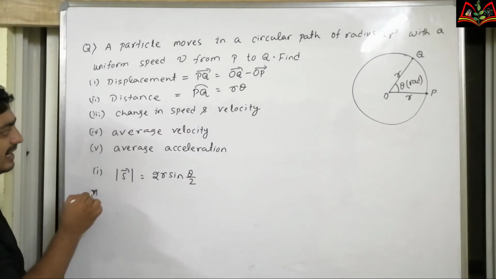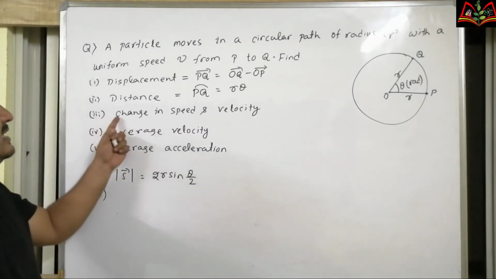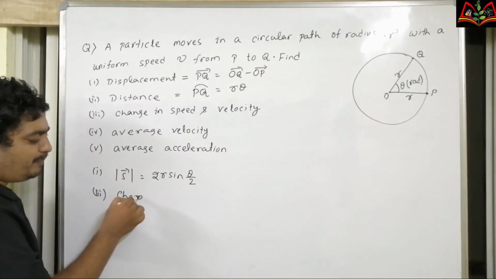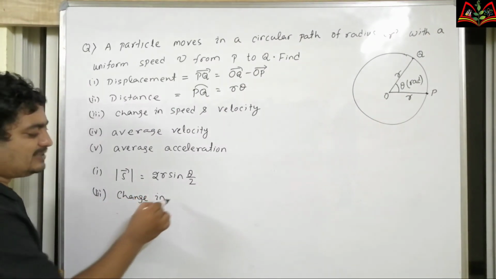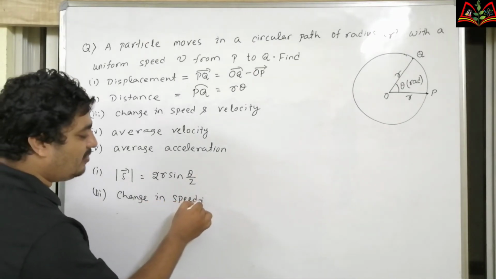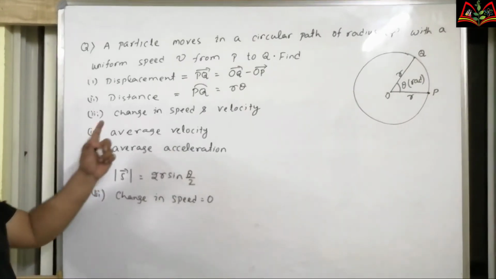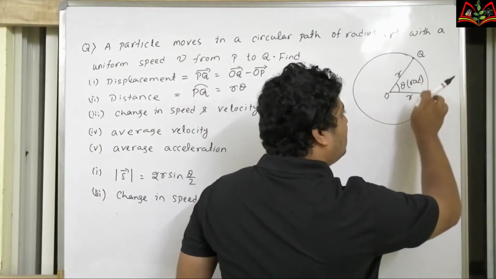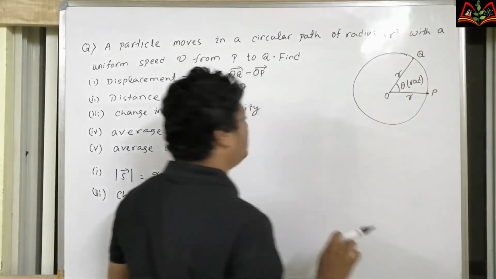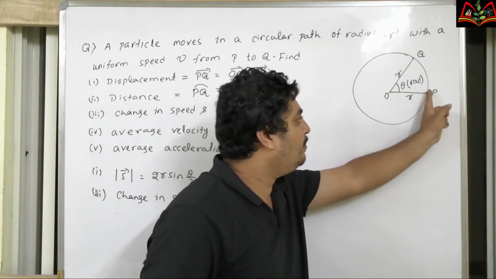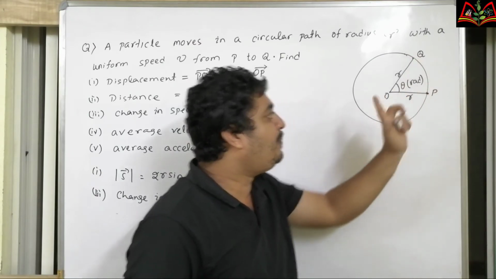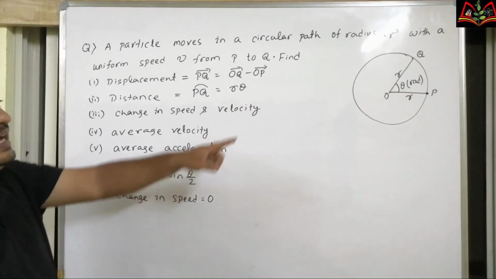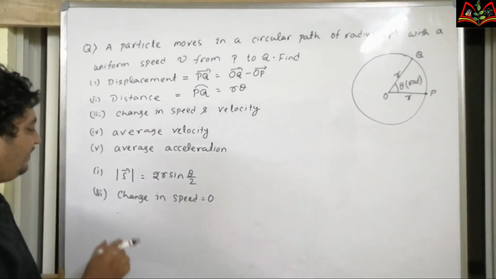Next, third, it asks change in speed and velocity. So first thing, the particle moves with a constant speed. So change in speed equal to 0. Now what is the change in velocity? Here the speed is v, here the speed is v. So the velocity at point P and Q has the same magnitude v, but they subtend an angle theta.